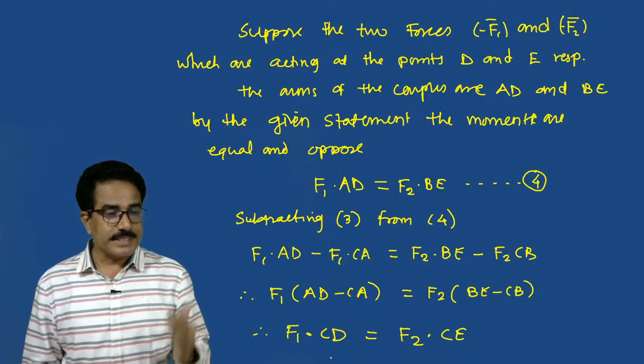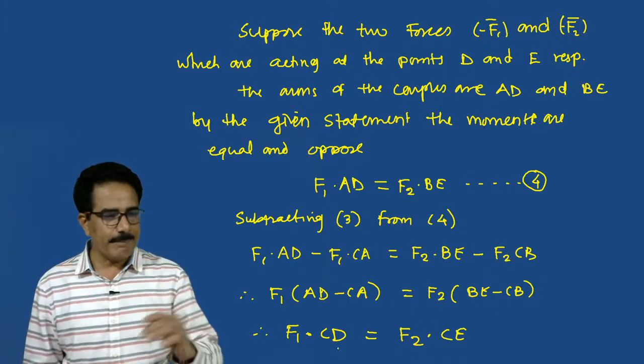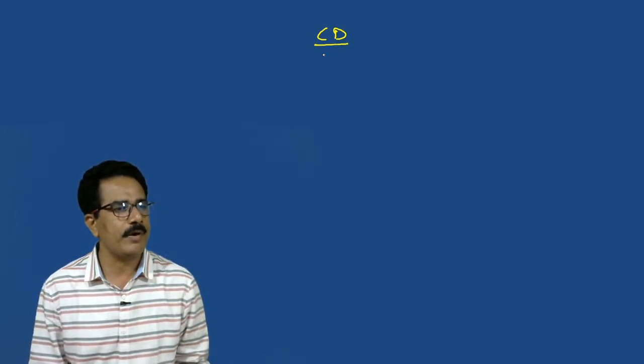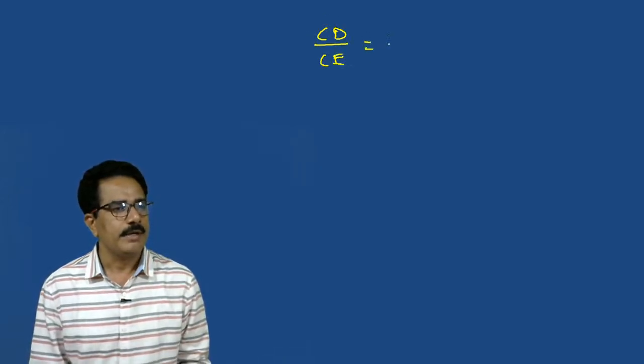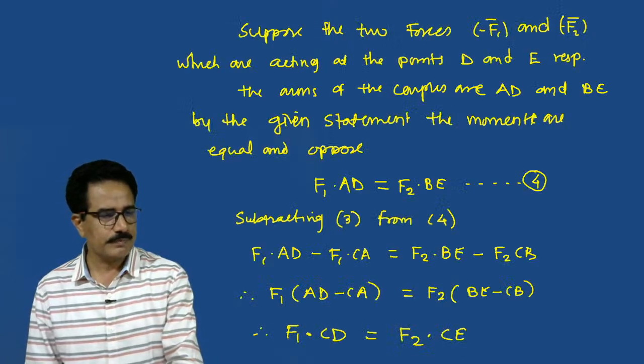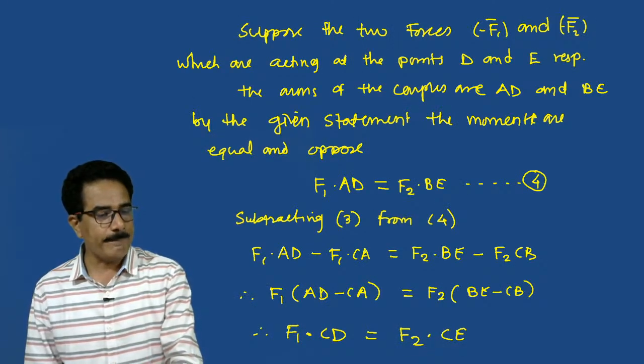Now this can be written as CD upon CE, therefore CD upon CE, which is equals to F2 upon F1.